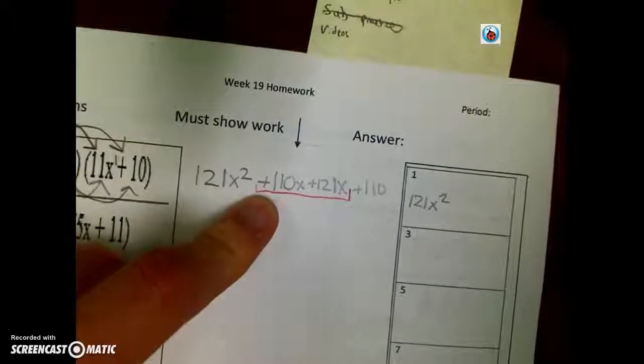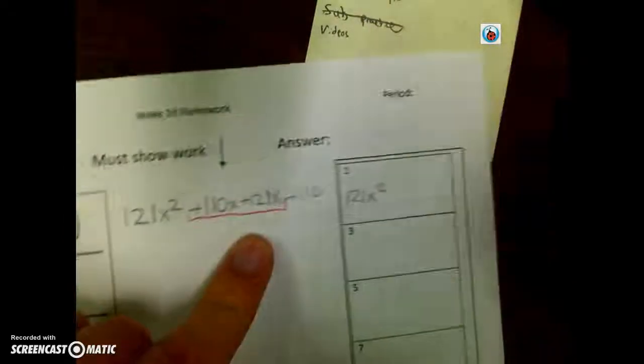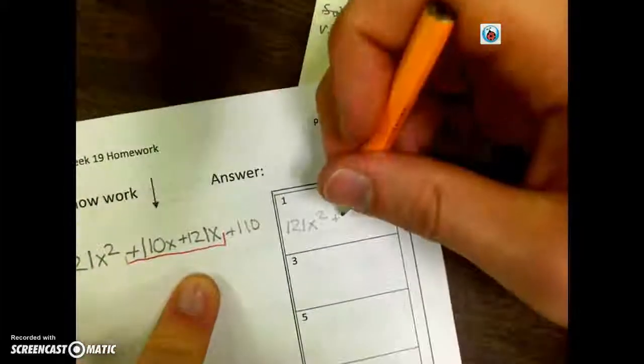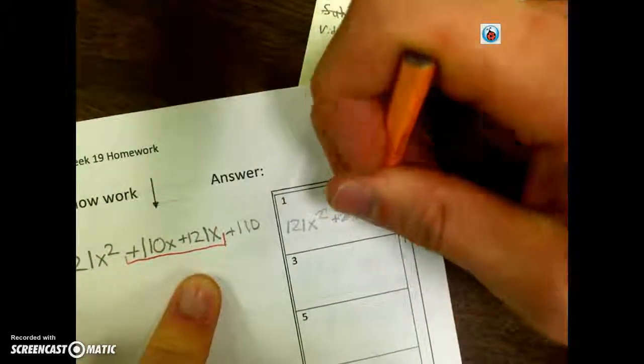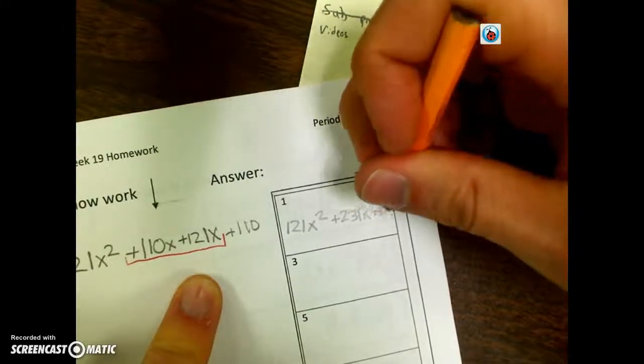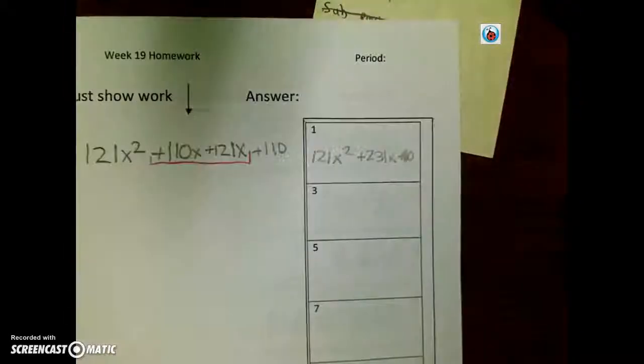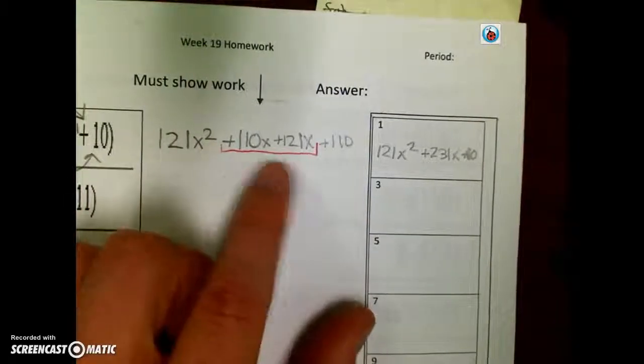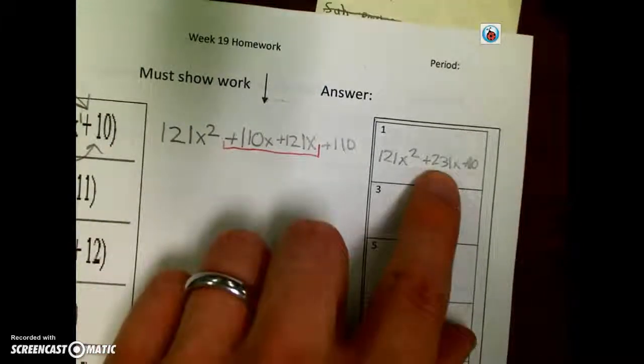We have the 110x plus the 121x. Those are our like terms. And then we have plus our 110 there. So we just took our four terms. Two of them were like terms. We could combine them into one here.